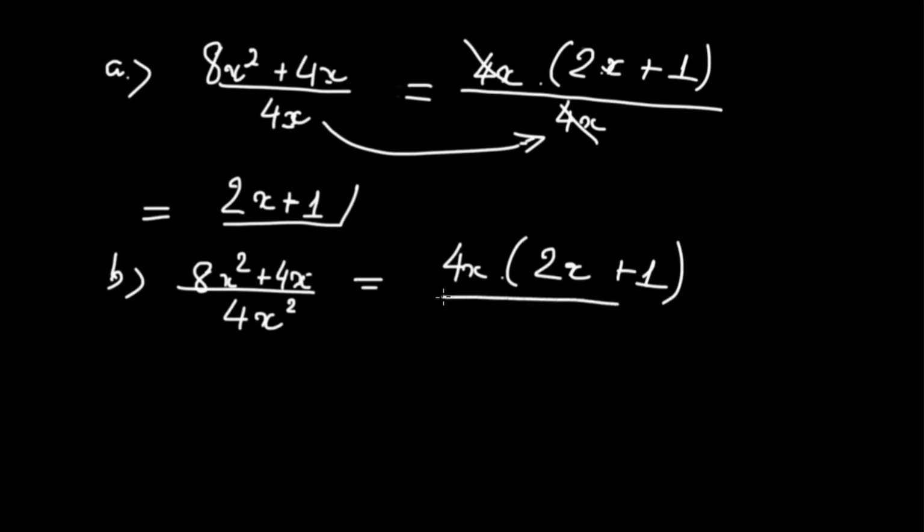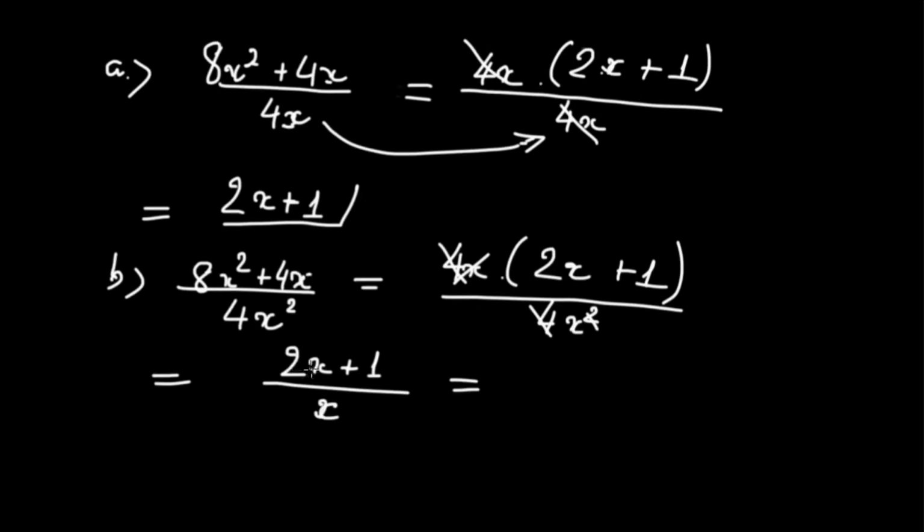At the bottom you have 4x squared. Now you can simplify 4x with 4 and 1x right here. You have 2x plus 1 in the numerator, and at the denominator you only have x.